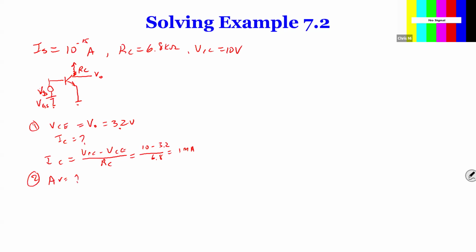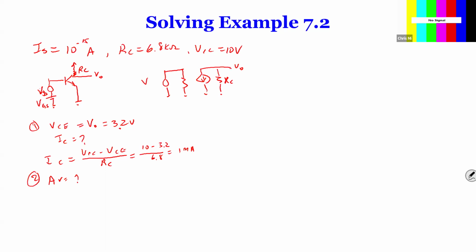In order to find AV, the voltage gain, if you guys remember the equivalent circuit, we can draw it here. So this is what we'll be using again. I think we're neglecting RO, so this will make it easier. So there should be just RC, and this VO.